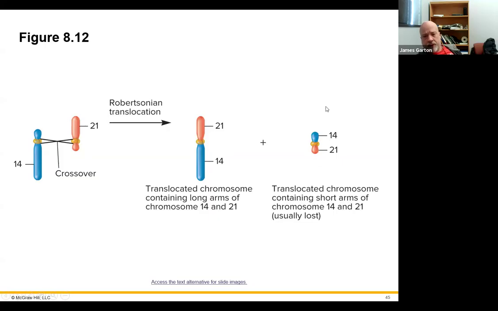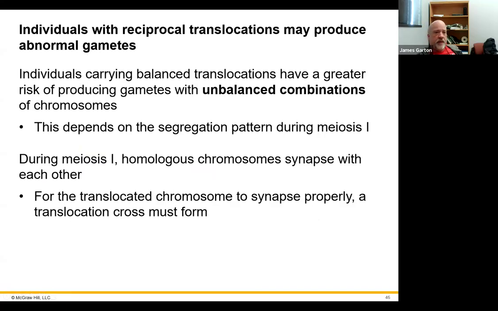This one is usually going to be broken down. Again, if you have a translocation, it may or may not have any effect on somatic cells, but it is going to have an effect on the formation of gametes.